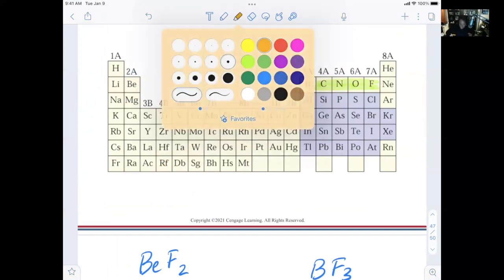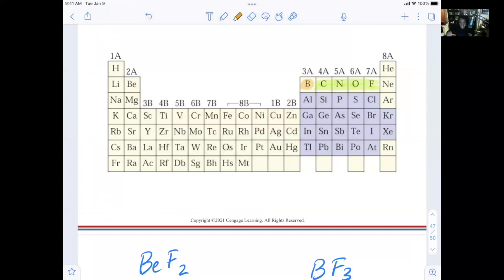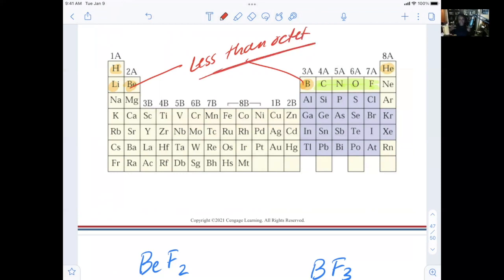Right before SNOF, carbon is the first element that obeys octet. Before it, we have boron, beryllium, lithium, helium, hydrogen. All of these are less than octet. They just don't start off with enough electrons. They start off with a deficient number of electrons to where it's difficult for them to get to octets. It's like, we can't get to octets, so we don't, okay?